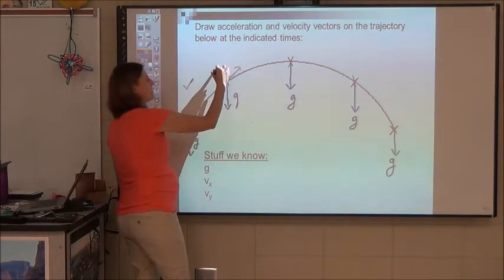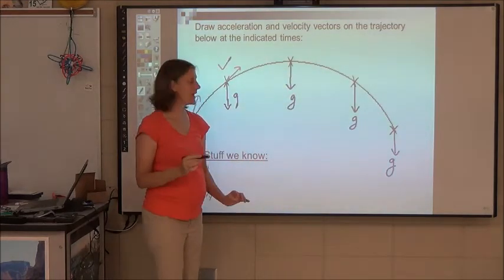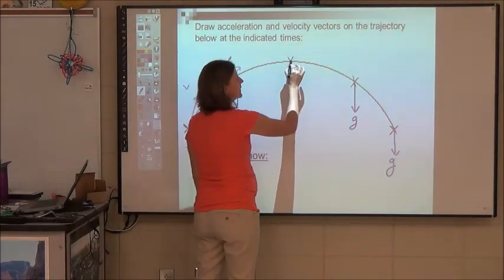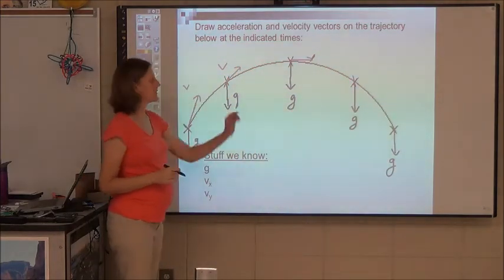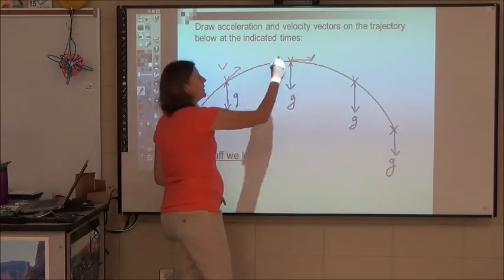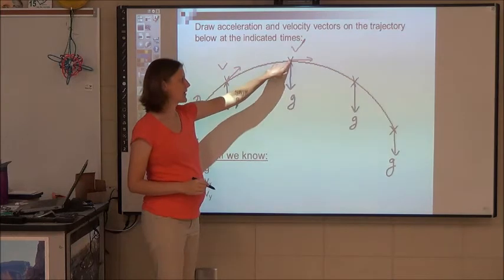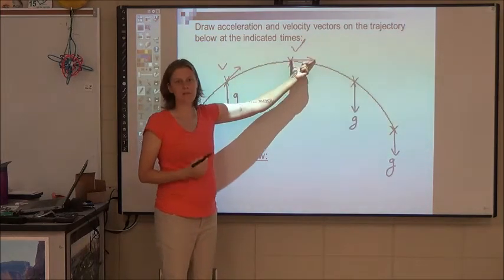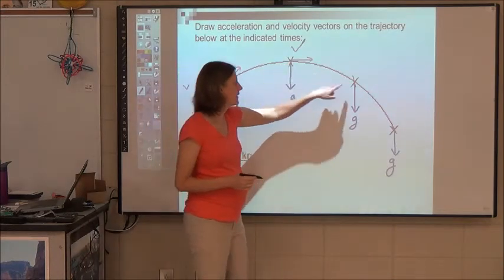This is just the overall velocity at the peak, just for that instant. It is just horizontal, because remember, that's the instant where it stops going up or down. So that's referring to that instant right there. I know my vector has some length to it, but I'm just referring to that little instant right there.